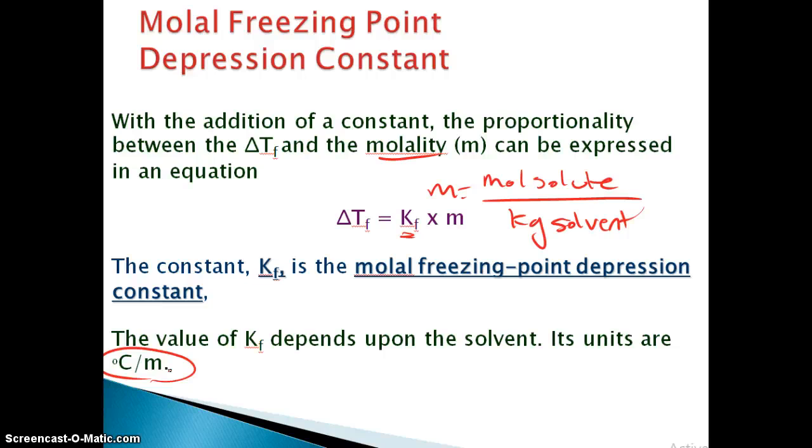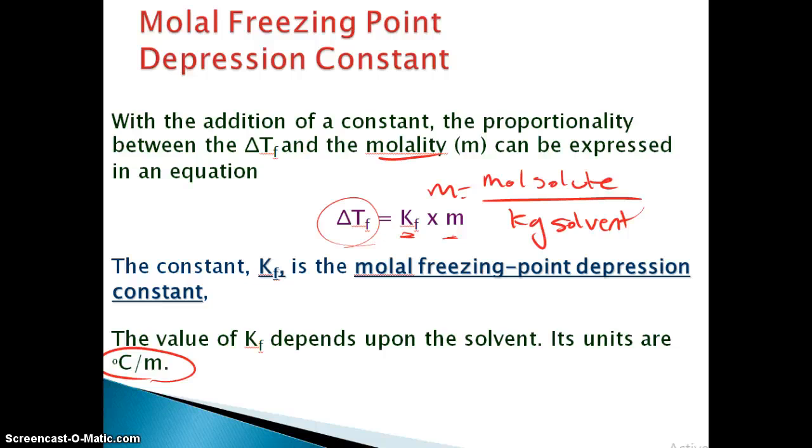So this is really easy math, because essentially we take the number that's given to us in the problem, figure out the molality of the solution, and that will give us the change in freezing point. So we can add or subtract it as appropriate.